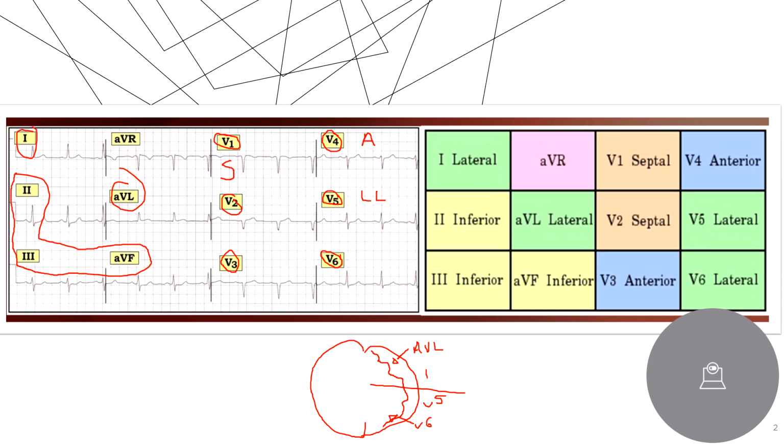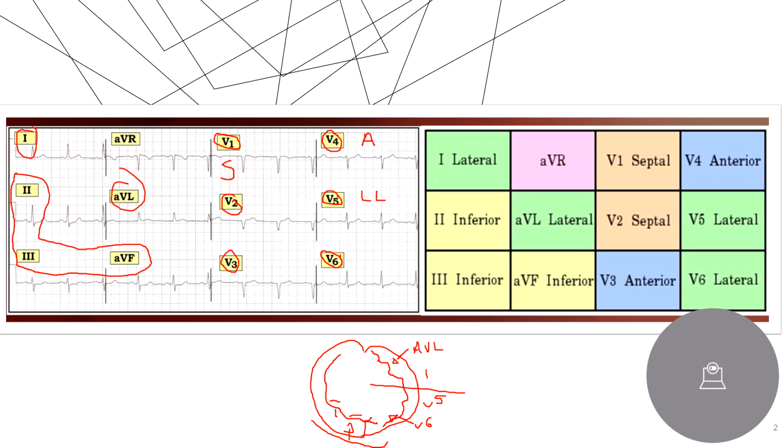That's what they call the inferior wall, down here, looking lower down onto the right coronary artery. So 2, 3, and AVF is your inferior wall.